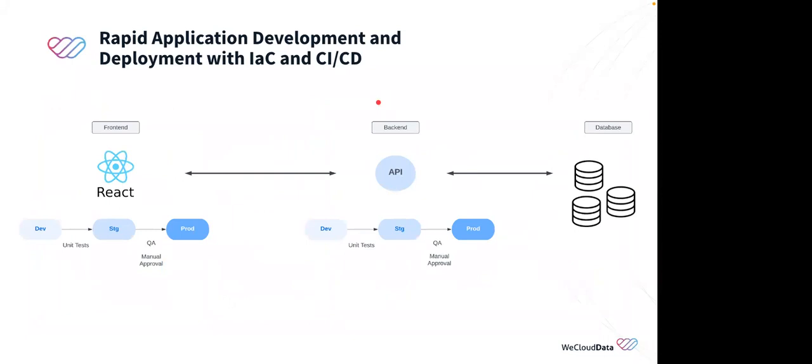Now, the next use case I want to talk about is actually a very, very common use case. In fact, one of the reasons why people get interested in DevOps in the first place is because they're already building web applications and they're trying to figure out tools that can help them with application development and deployment.